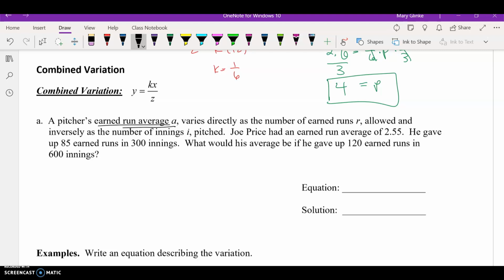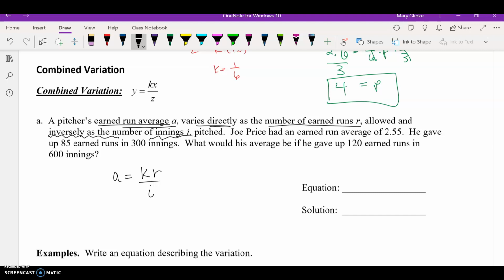So the ERA, which is your A value, varies directly, so we're going to start with K, with the number of earned runs allowed, but then it also varies inversely with the number of innings pitched. So we're just going to divide by the innings pitched.